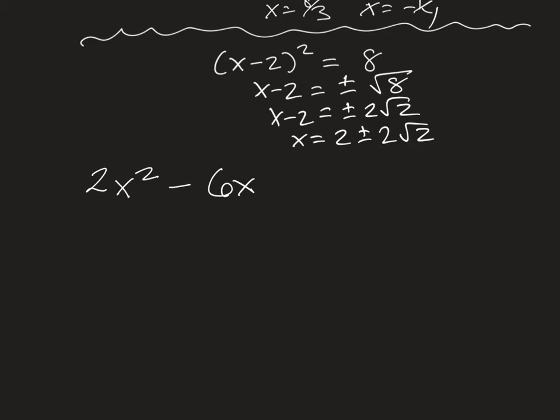Just trying to make sure it works over the real numbers. Let's do minus 7. Something that's not going to be factorable, so when we complete the square, it should end up with square roots here.